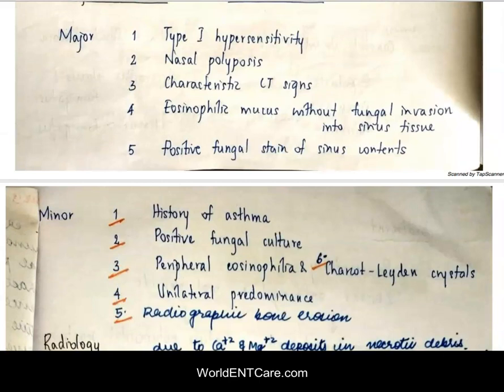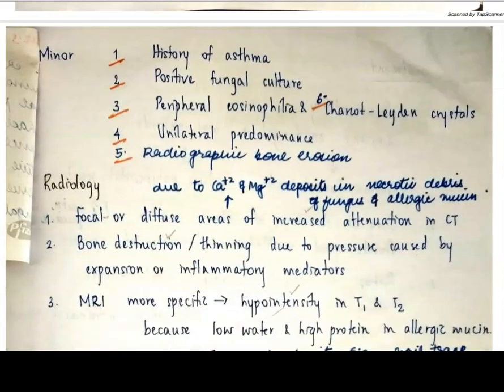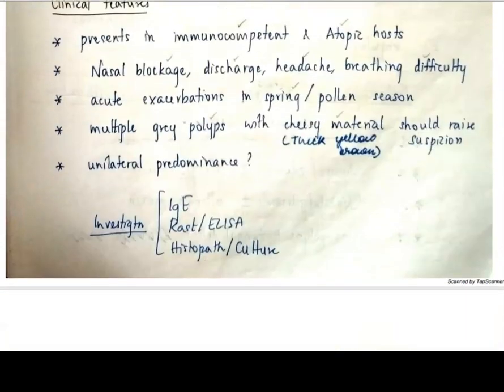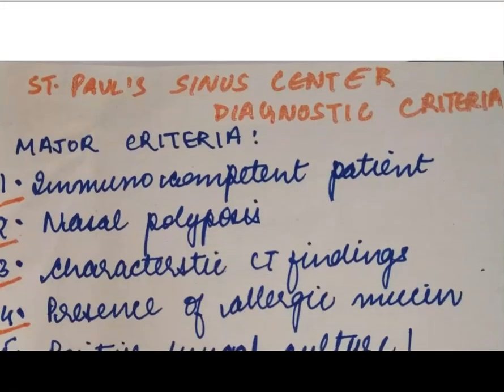Here the type 1 hypersensitivity, that is an elevated IgE level, is not always present in AFRS patients and may fluctuate within normal range as the disease stage changes. So based on that, we have one more classification which has just major criteria, without IgE elevation or type 1 hypersensitivity.